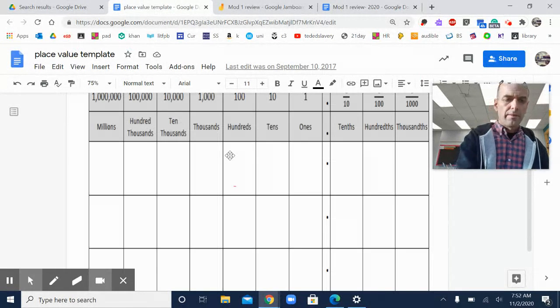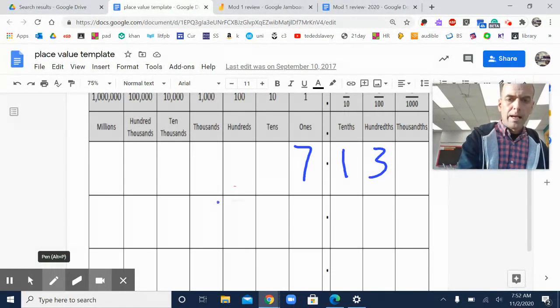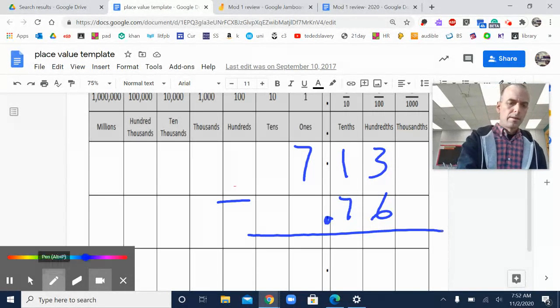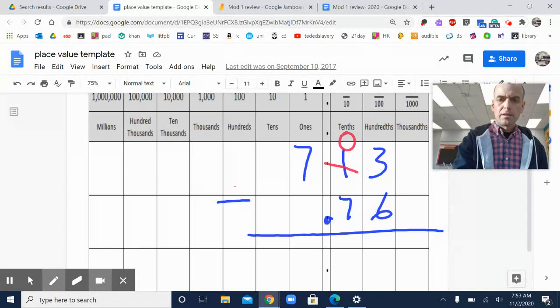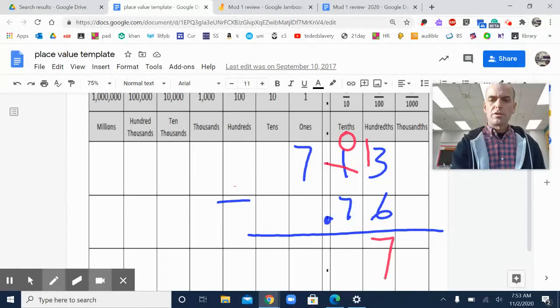So let me put it on my place value chart. 7.13 minus 0.76. Okay. And then I do my steps. 3 minus 6 hundredths. I can't do that. So I borrow from the tenths, becomes 0, and the 3 becomes 13 hundredths. So 13 hundredths minus 6 hundredths is 7 hundredths.